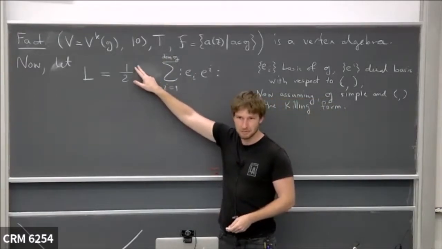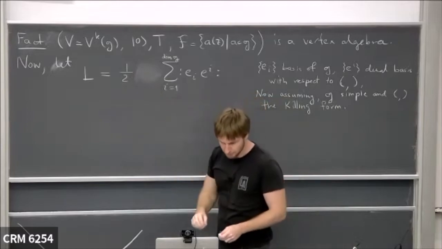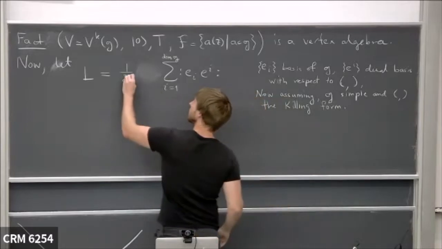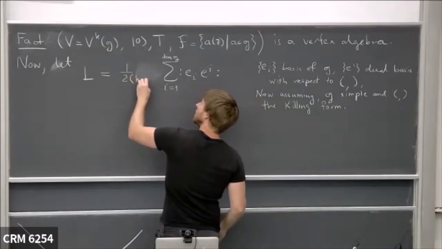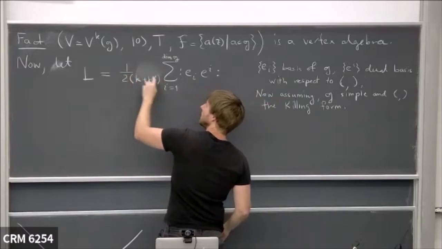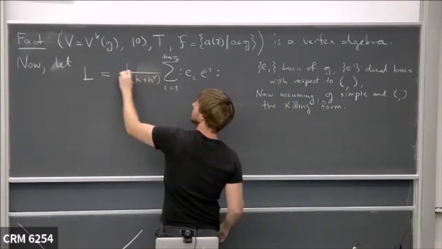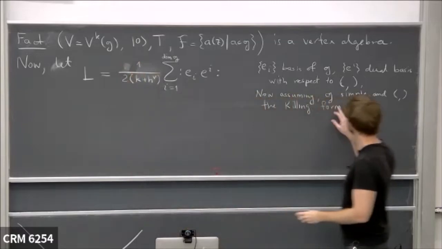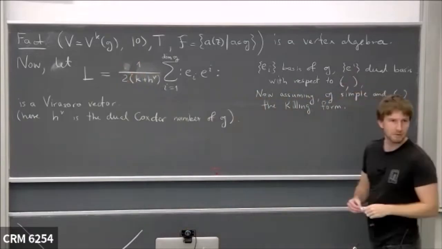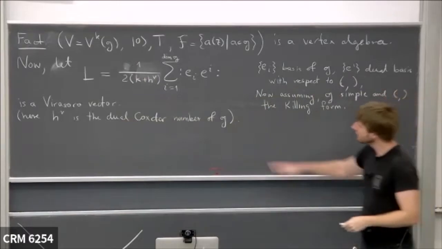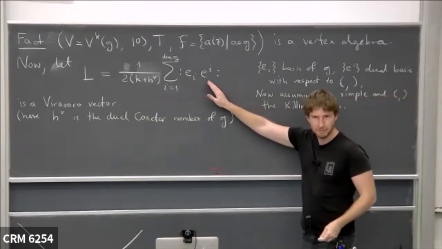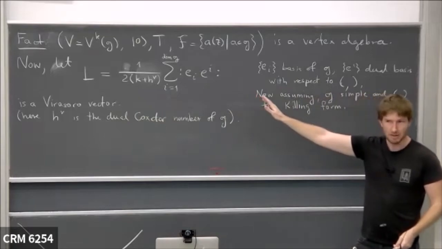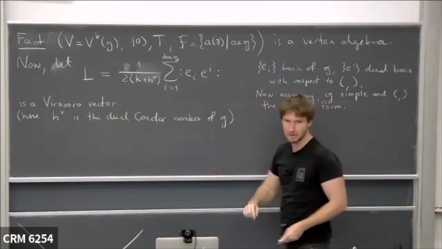And this time you don't have to normalize by a half, you have to normalize by a half of k plus this number here, h check, which is known as the dual Coxeter number of the simple Lie algebra G. Okay. And this you can also check in much the same way as I did in the last lecture. It's quite a fun exercise.